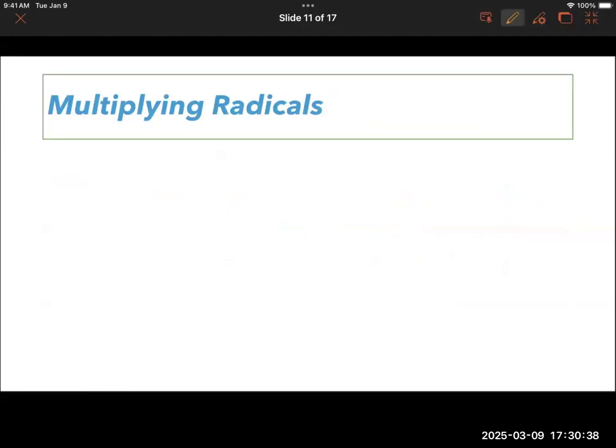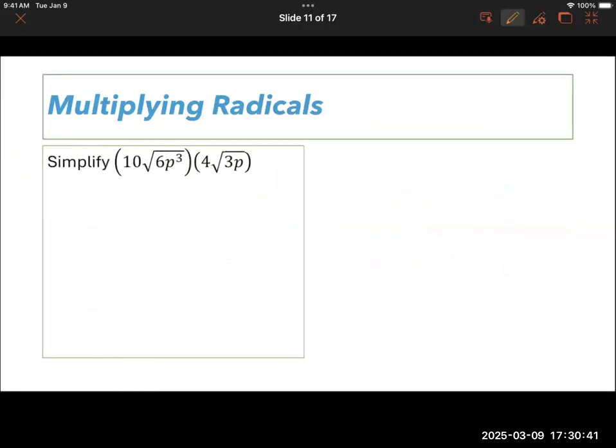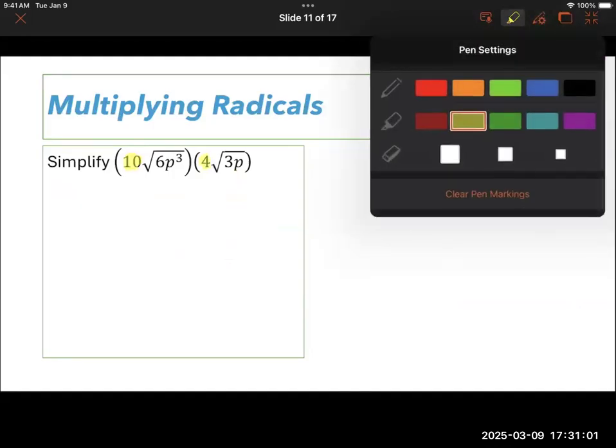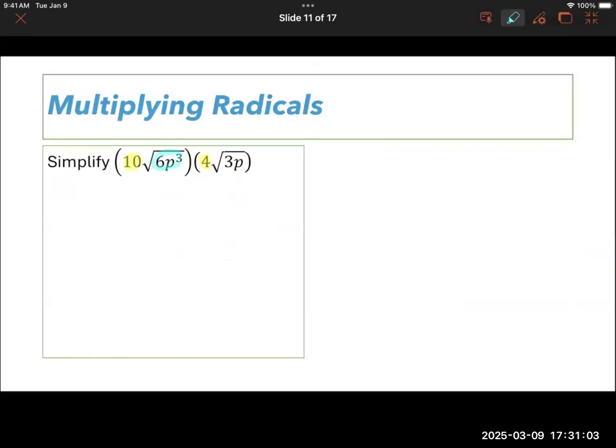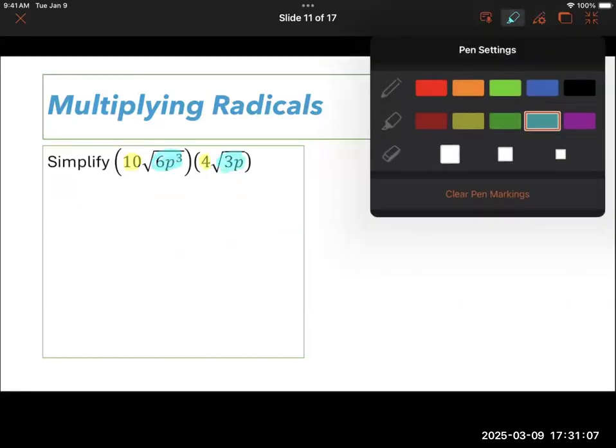What about multiplying? Well, we already talked a little bit about that product property for radicals. And so when we use it on something that's a little bit more complex, we just have to remember that numbers multiply with numbers. So the 10 and the 4 get multiplied together. And radicals get multiplied with radicals if they are the same index.